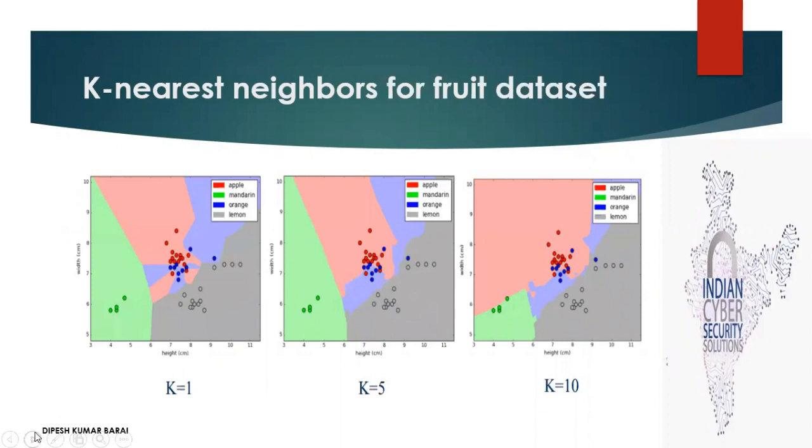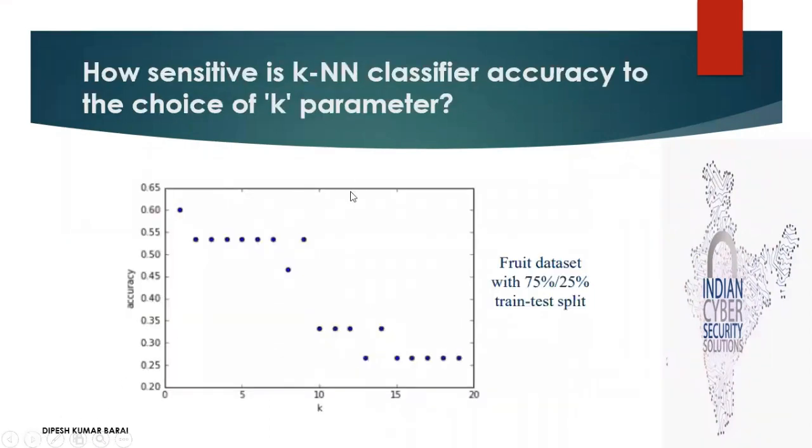Okay, so if you want to know which k value will give you the best accuracy, then you have to plot this graph, and then you can see for which value of k you will get the highest accuracy.